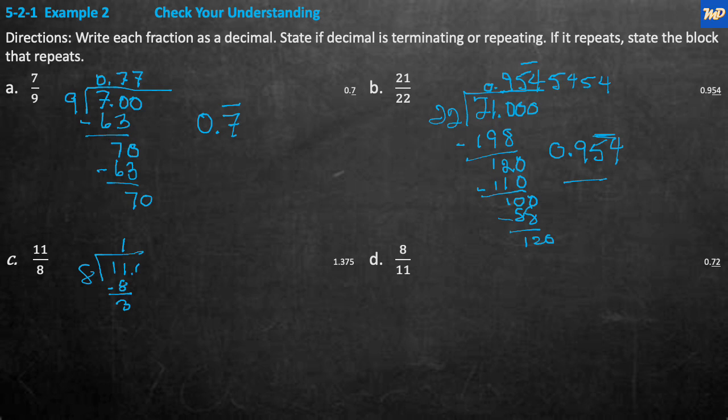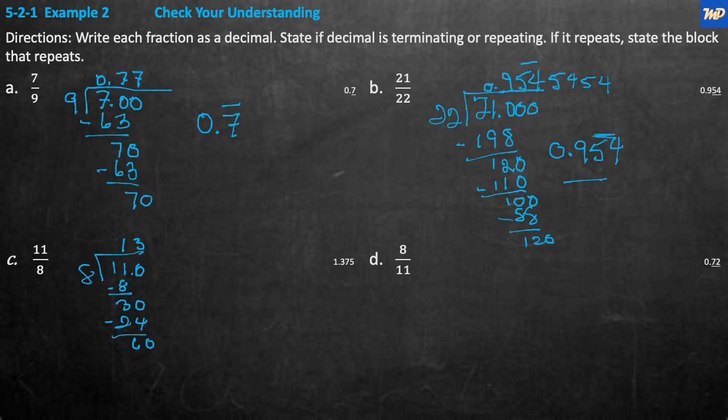Decimal point, add a 0, bring down a 0. 8 goes into 30 how many times? 8 goes in there 3 times. 3 times 8 is 24. 30 minus 24 is 6.